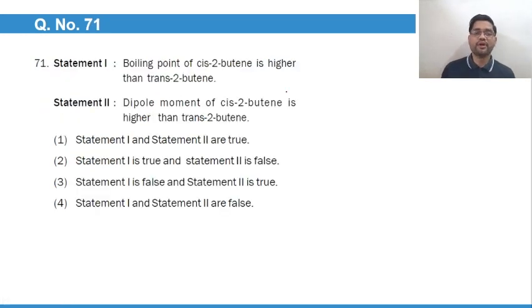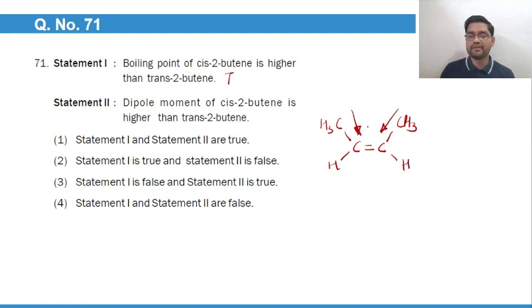71. Boiling point of cis-2-butene is higher than that of trans-2-butene. That is true. Why? Because if you see CH3, CH3, H, H, the dipole moments give a resultant dipole moment at the bottom.